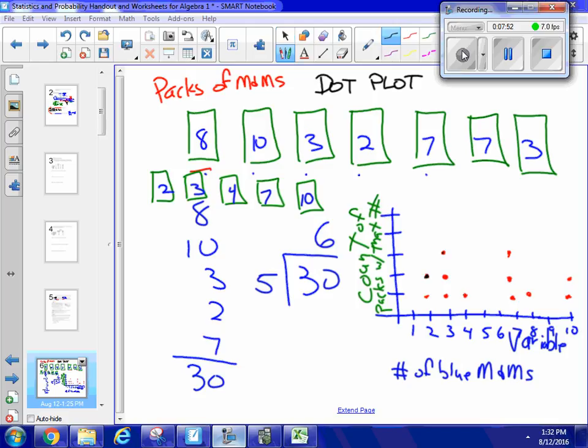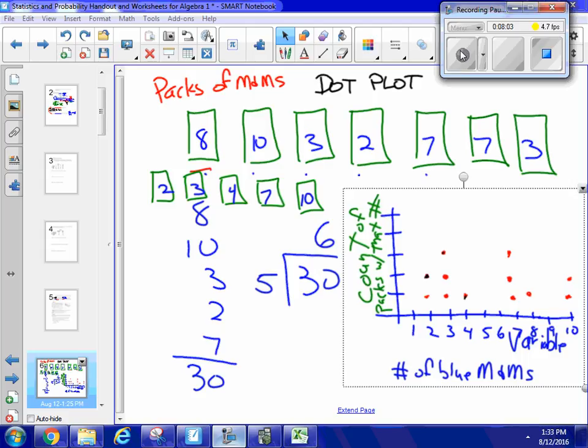Now, I'm going to throw a little bit of a monkey wrench in here. There are some times when they don't put the count on the y-axis, they put it on the x-axis. So you have to look carefully at your axes, how they are labeled, because sometimes they might make it like that.